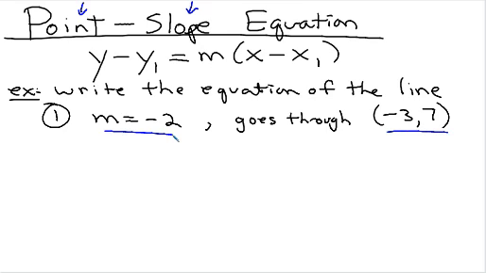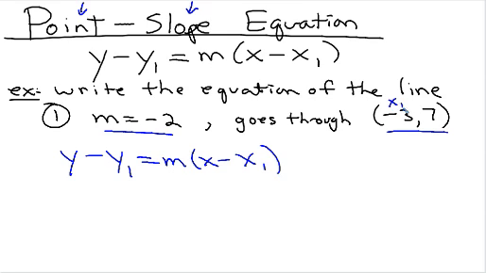So when I'm given a point and a slope, the most efficient way to get an equation is with the point-slope equation, not the slope-intercept equation. Okay? Don't use slope-intercept. I'm going to require you to use the point-slope equation. So we're going to use y minus y1 equals m times x minus x1. And we're going to plug in.